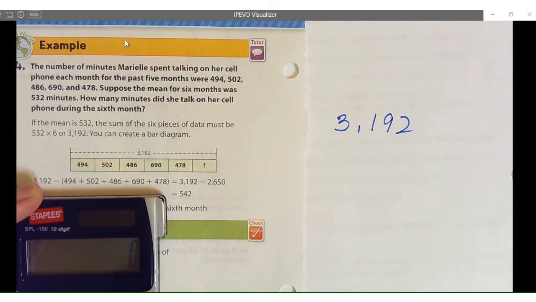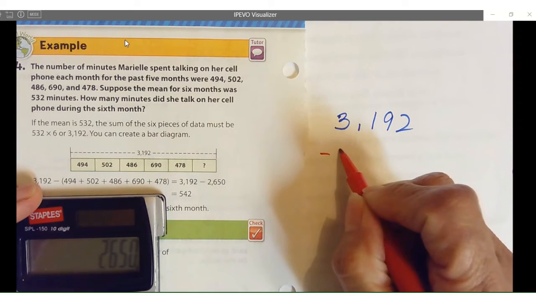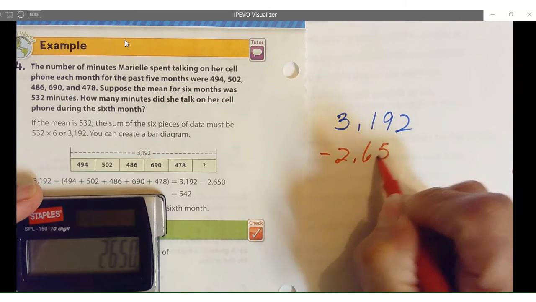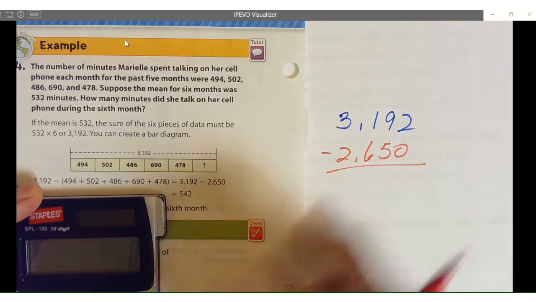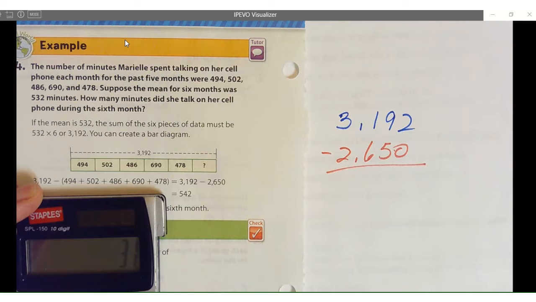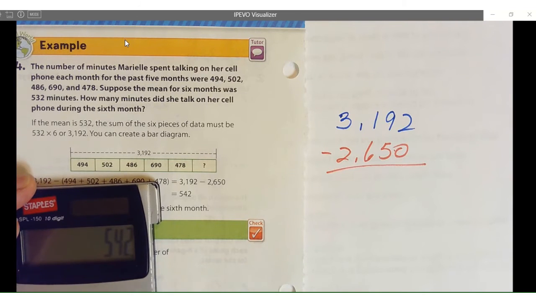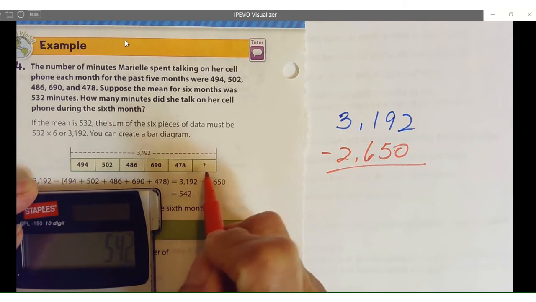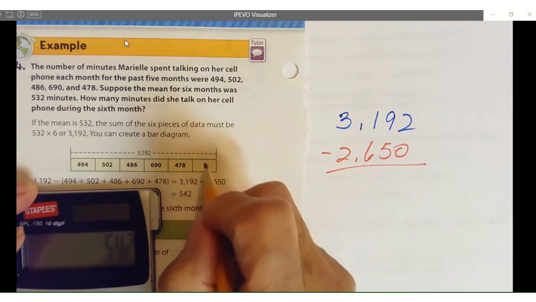Even though they give it to you, we're going to do it anyway. 4 plus 502 plus 486 plus 690 plus 478 equals 2,650. I'm going to take that number and subtract it from this total that they gave us up here. 3,192 minus 2,650 equals 542. So this missing piece of data is 542.